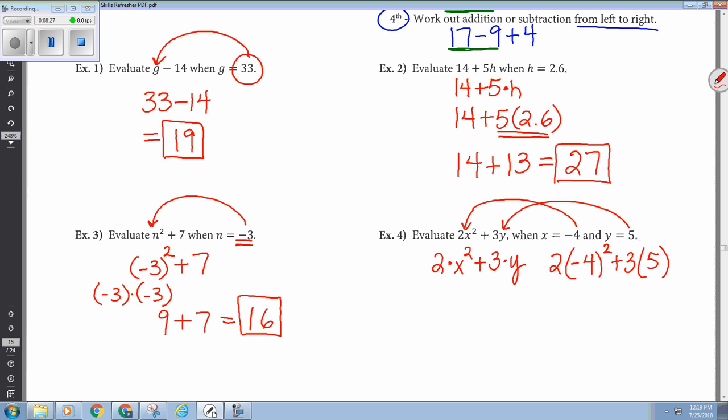Then we follow PEMDAS. P is parentheses. We have 2 parentheses, but there's only one number in them, so there's nothing we need to do. Second step is exponents. I have an exponent in negative 4 to the second power. So negative 4 to the second power is positive 16.